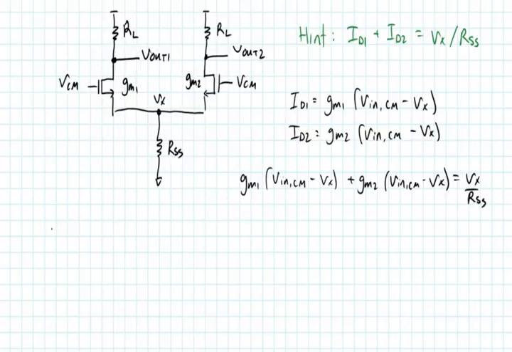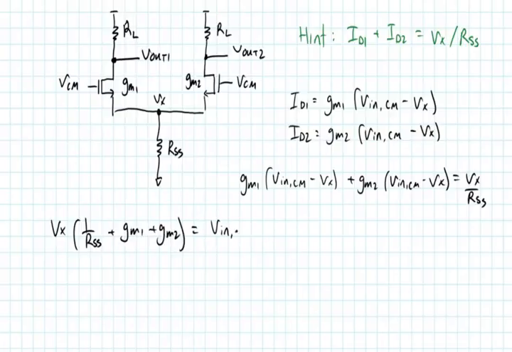Okay, so what we can do is rearrange that formula and solve for Vx. This is (1 over RSS plus GM1 plus GM2) times Vx is equal to Vin common mode times (GM1 plus GM2).